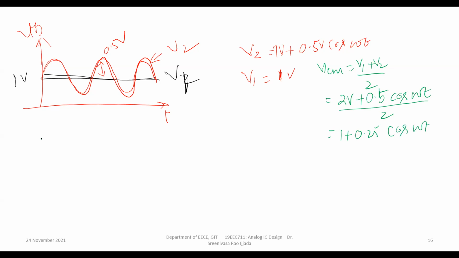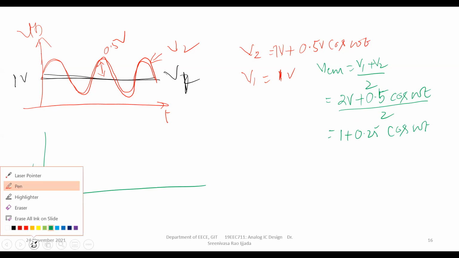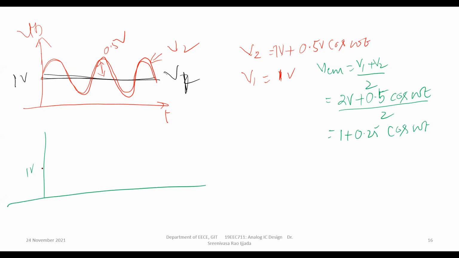If you draw the VCM value, it starts from 1 volt, plus 0.25 cos omega t, which means the height is 0.25. This is the VCM.